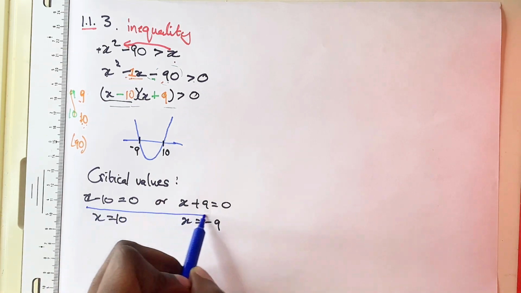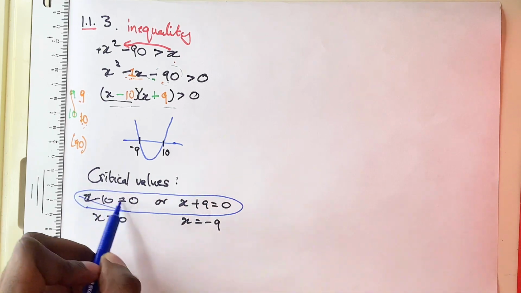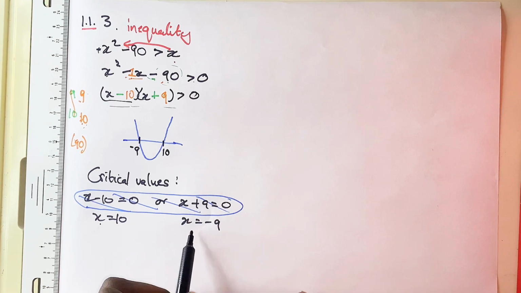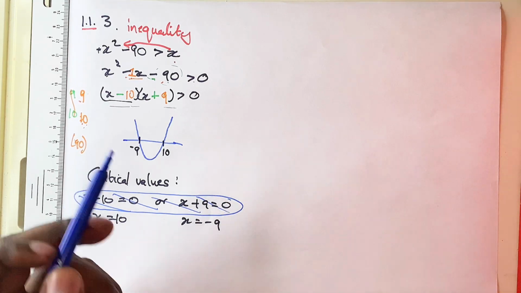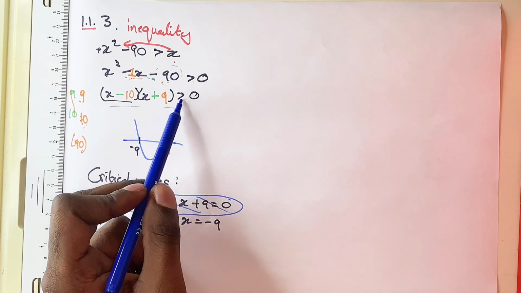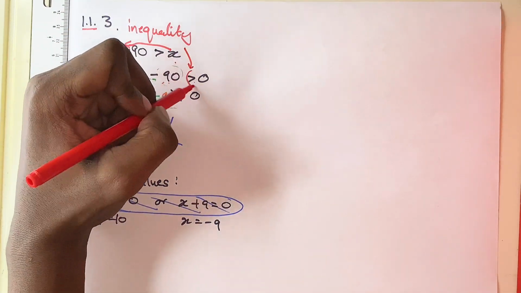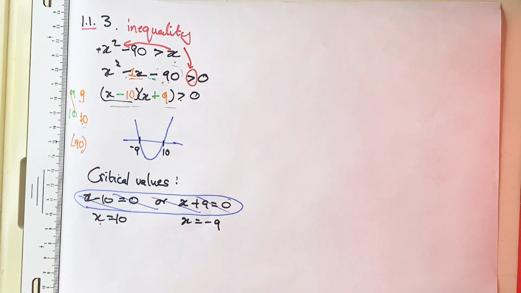Now, this is not necessary to put in your answer sheet, so just put this and tell them that these are the critical values, x equal to 10, x equal to negative 9. Now, because it says it is greater than 0, we have an inequality here. Our inequality says it is greater than 0.